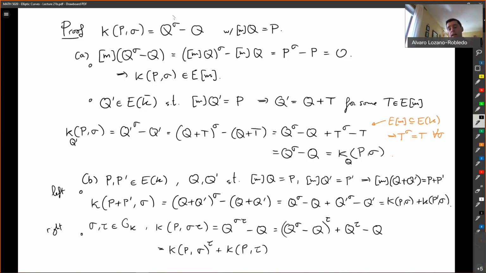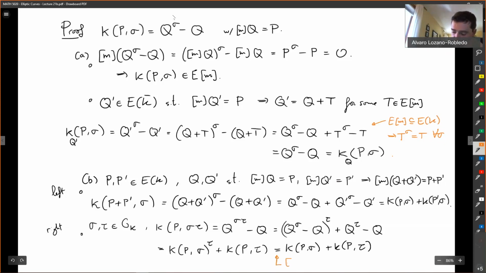But notice again that kappa P sigma is an M torsion point, so it is defined over K, so it is fixed by the action of Galois. So for this to work, I'm using again that the M torsion is defined over K. So the action of tau fixes things over K, so it fixes kappa P sigma, which is an M torsion point.